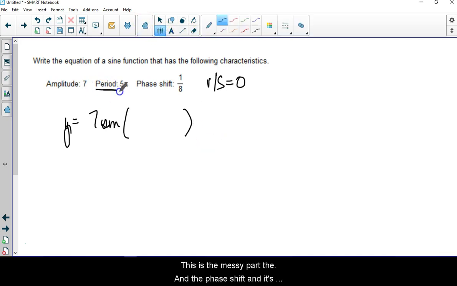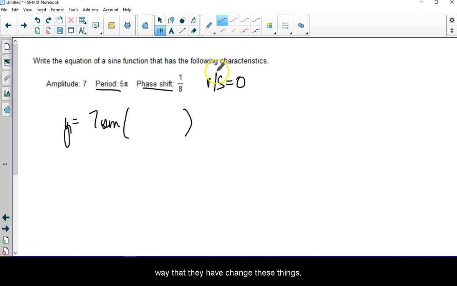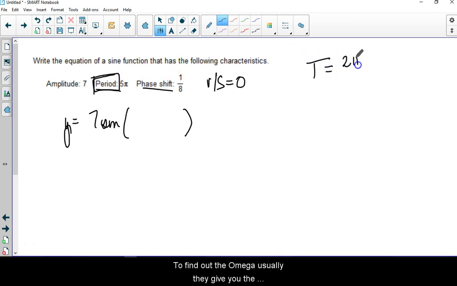This is the messy part, the period and the phase shift. And it's messy because it's not really clear in the textbook that the way that they have changed these things. So they gave me the period. So what I'm going to need to do is use that to find out the omega. Usually they give you the omega, right, and you find the period. Here they said, hey, period, the T is 5 pi.